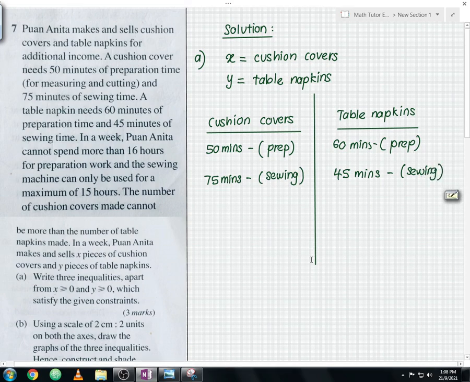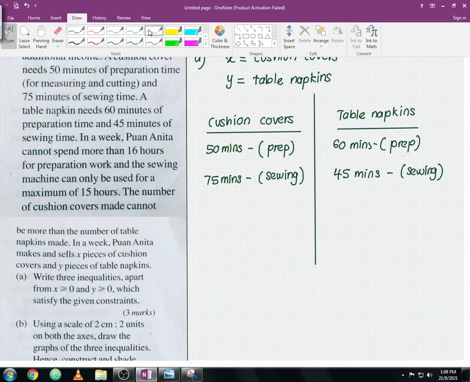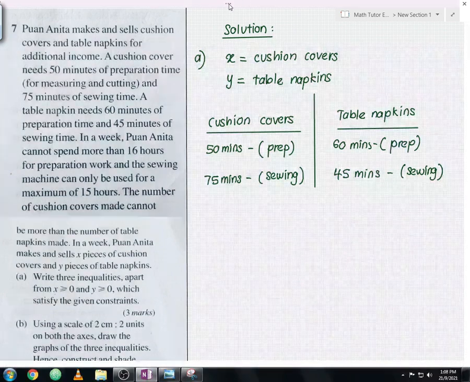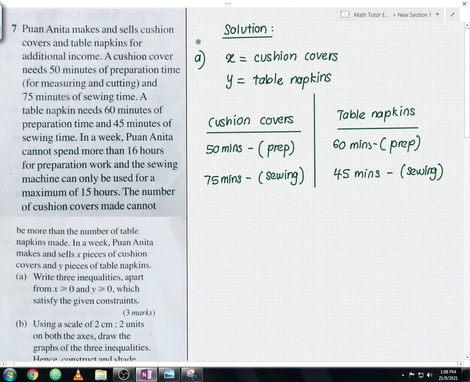Okay, so let me erase this excess line. So now it's better for us to see the information rather than looking at the long statement over here.